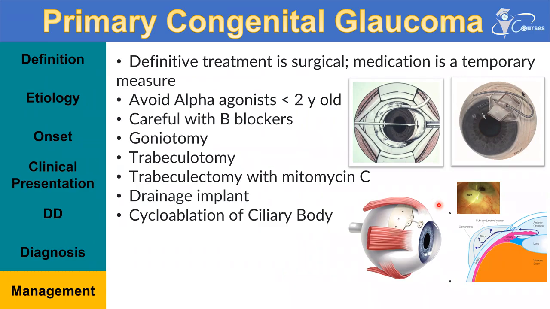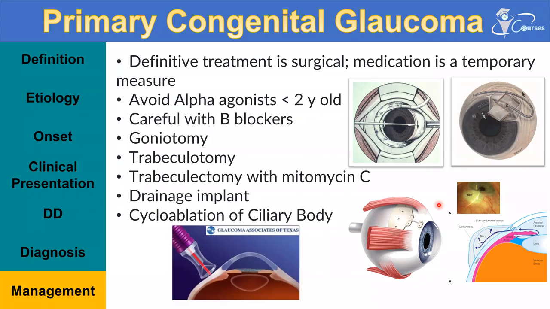And finally, if all this doesn't work, we can do what's called cycloablation of the ciliary body, by destruction of most of the ciliary body by diode laser, in order to decrease aqueous production. This was in the past used for end-stage glaucoma where there is no visual potential, but nowadays it can even be used for patients with visual potential.